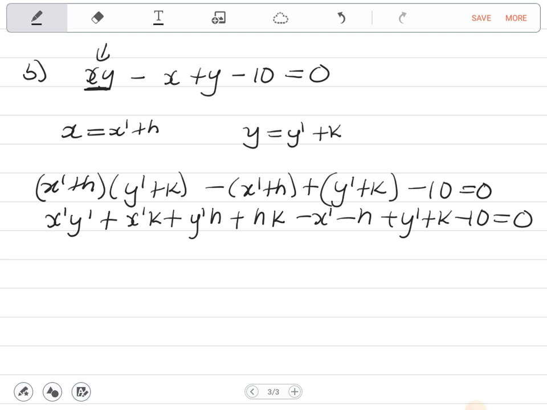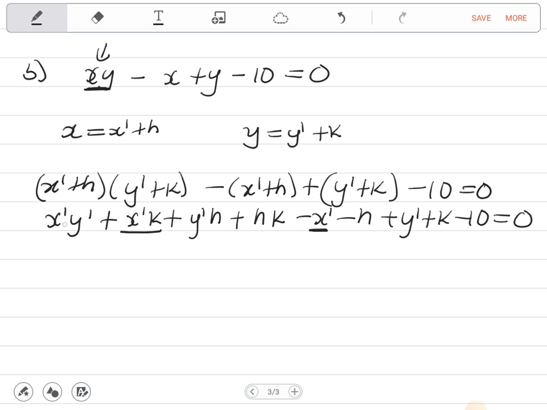Now we are going to group these in a way where we take out x prime and y prime, so that we remain with h and k. Group the x prime terms together: x prime k minus x prime.